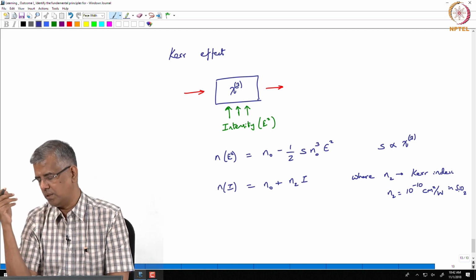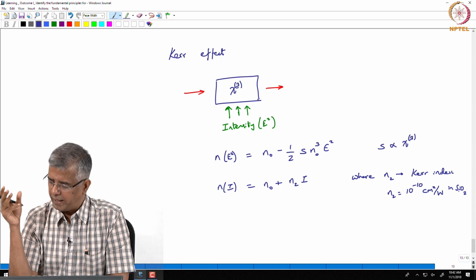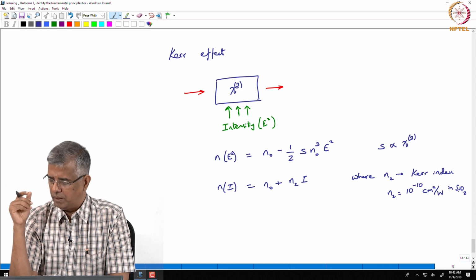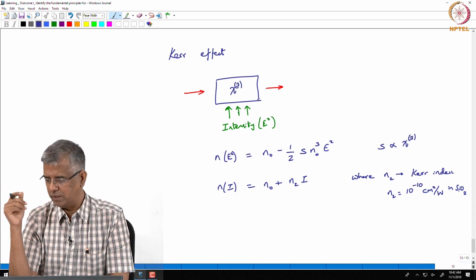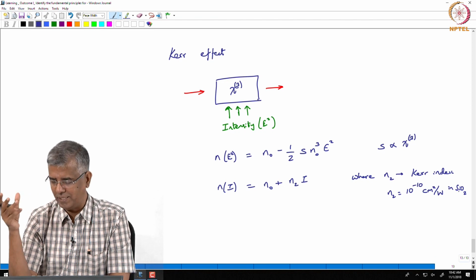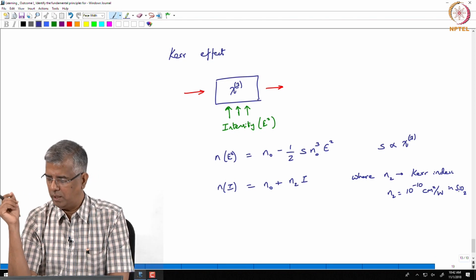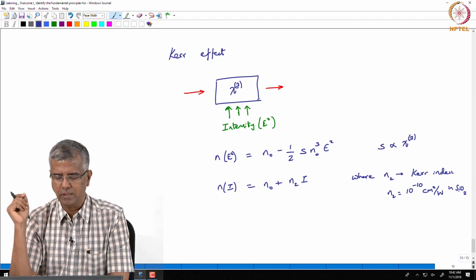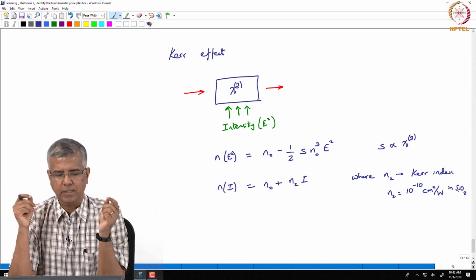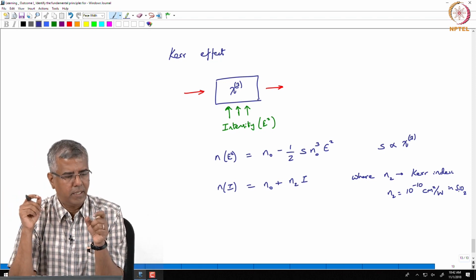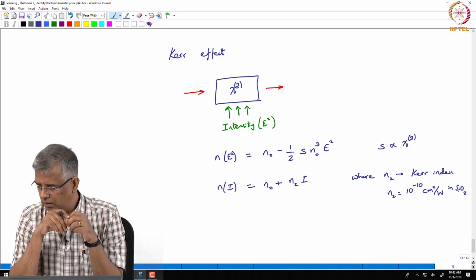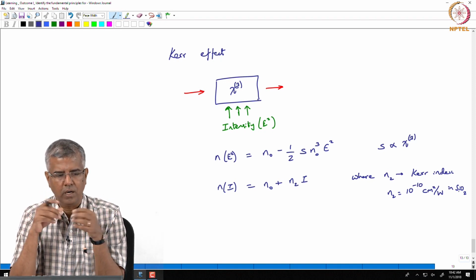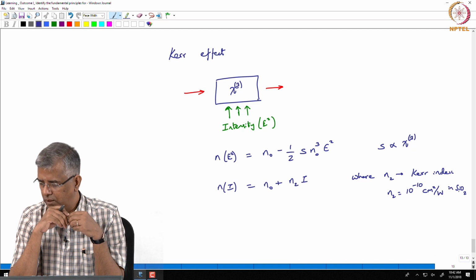And of course, in things like organic material, Chi3 is larger, so this n2 value could be larger. So, same in semiconductors also, you can have larger Chi3. In fact, that is very interesting, because in a semiconductor, the Chi3 can be several orders of magnitude larger.